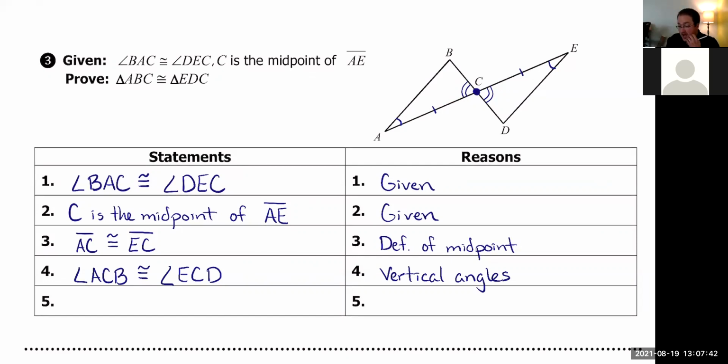So then looking at my diagram, I see two pairs of congruent angles, and the side between them is congruent as well. Is that enough to make my proven statement? I think so. I think we can say that triangle ABC is congruent to triangle EDC. And that's all thanks to angle side angle congruence.